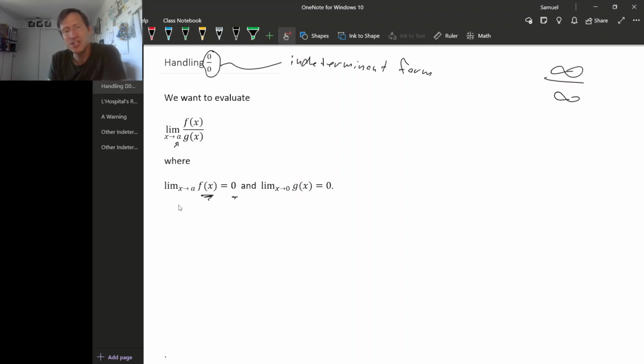Let's make an additional assumption that f and g are continuous at a, at x equals a. If f and g are continuous at a, then that means that not only is the limit of f 0, but f of a is actually also 0, because if f is continuous, that means that the limit is equal to f of a. And then same thing for g of a.